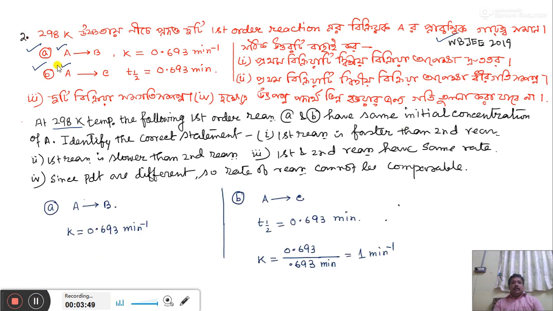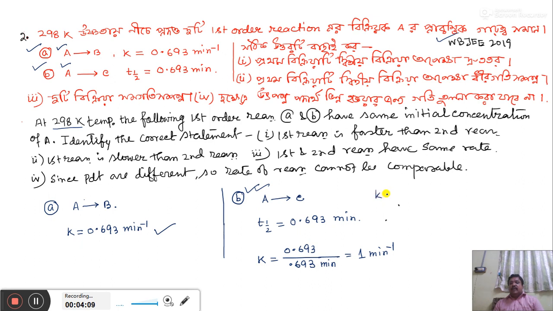Now from the question, it is seen that for reaction 1, K is 0.693 minute inverse, and for reaction B, T half is given as 0.693 minutes, so K is 1 minute inverse. So for reaction B, K is higher, 1 minute inverse, and for reaction A, K is lower.